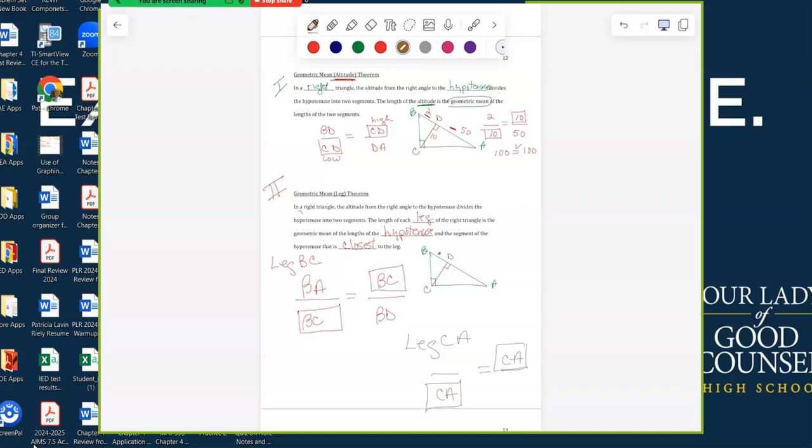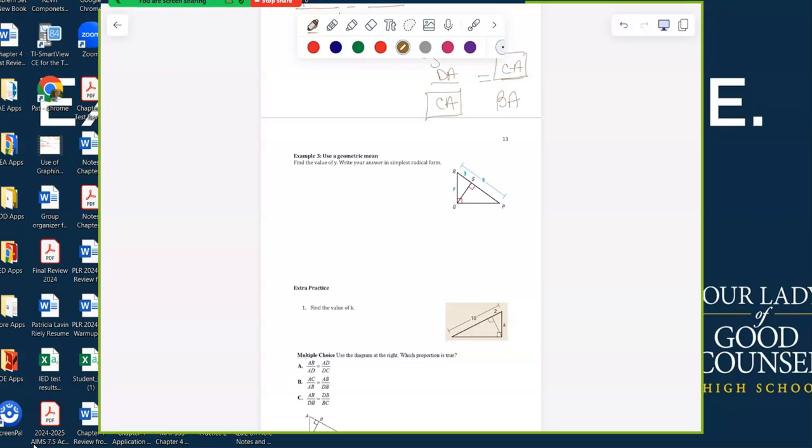And it's a geometric mean between the piece of that opposite side closest to it, which we can say is DA, and the entire opposite side, which is BA. So that's how that works. This makes no sense until you start practicing it, so you may want to listen to it again. Key things are where I'm putting the geometric means.